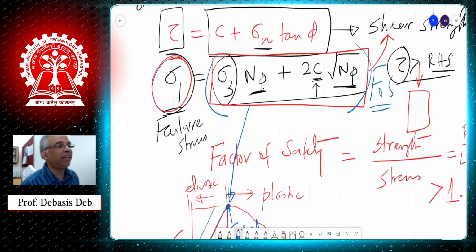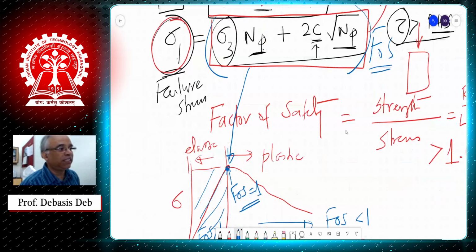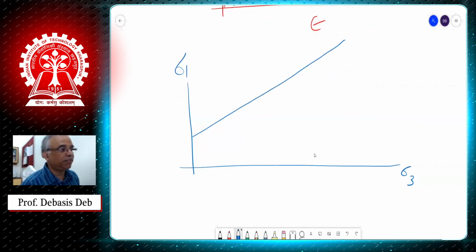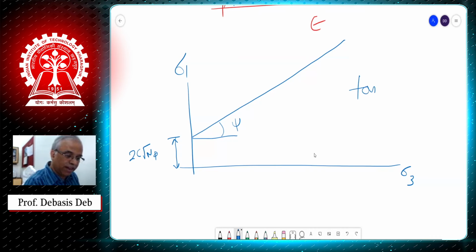So this is the intercept. And the intercept is 2c square root of N phi. And if this angle is psi, then I will write tan psi equals N phi.